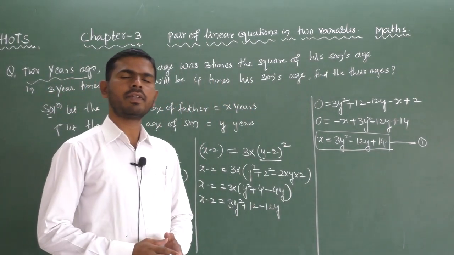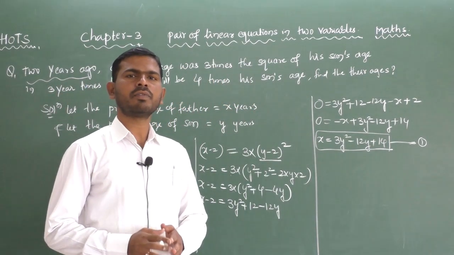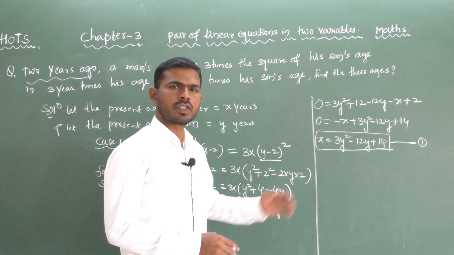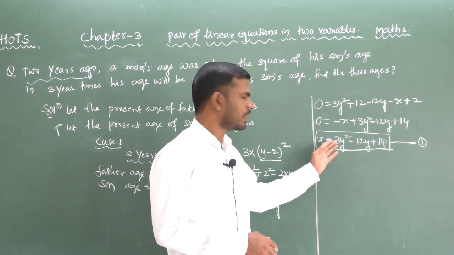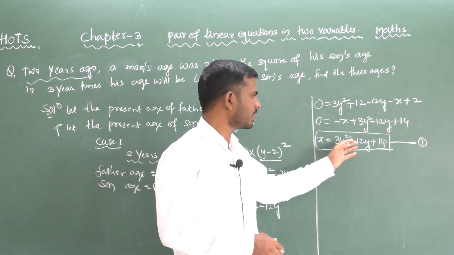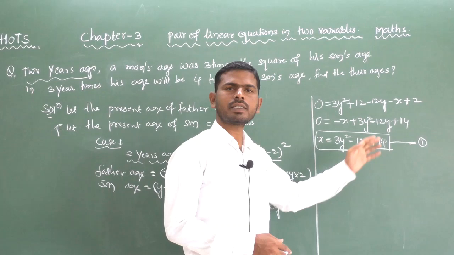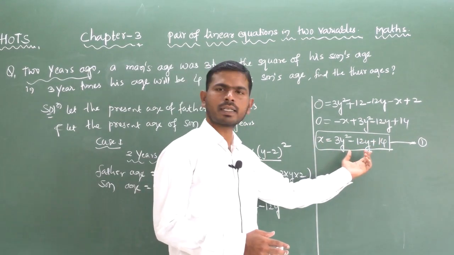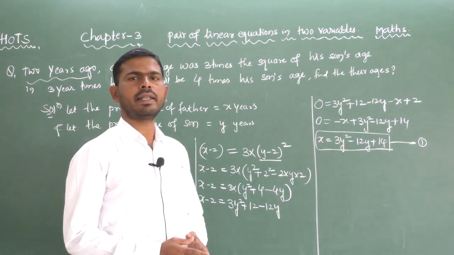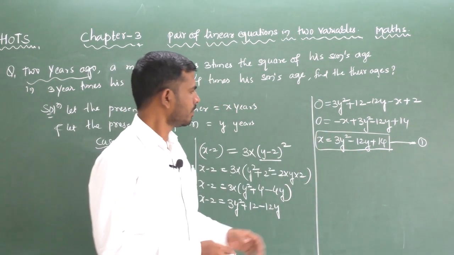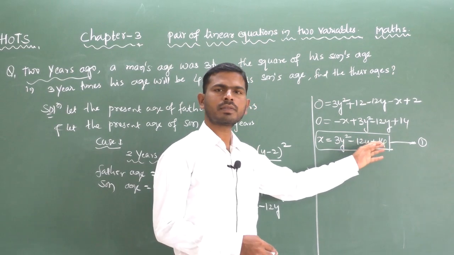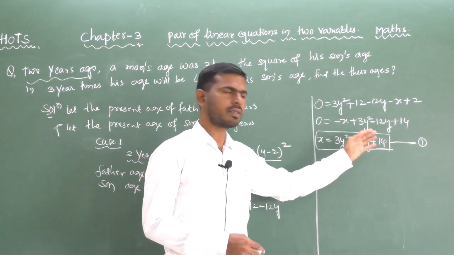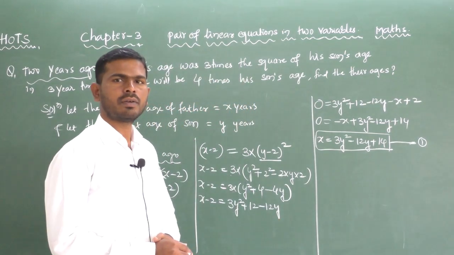The pair of linear equations in two variables has the form ax plus by plus c equal to 0, but in the first condition you got x equal to 3y square minus 12y plus 14. Here two variables you got, but this is a quadratic equation, which we will learn in the next lesson, the fourth, quadratic equations. So x equals 3y square minus 12y plus 14, this is equation number 1.